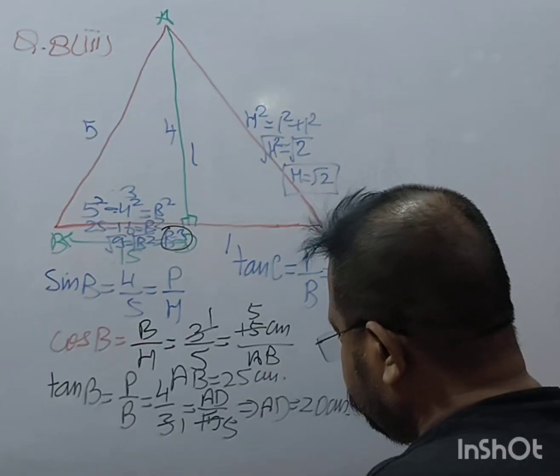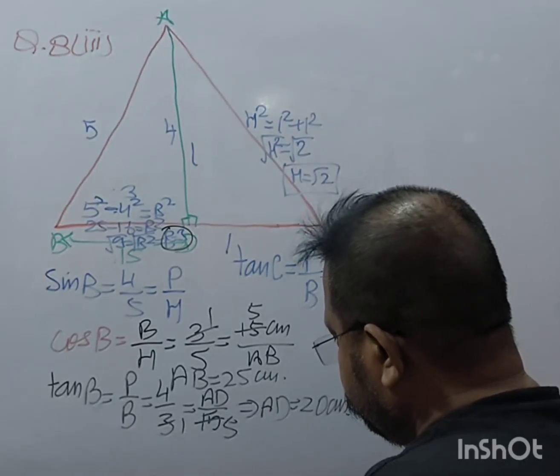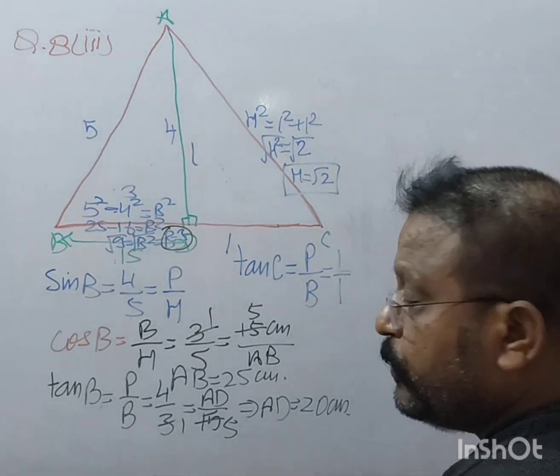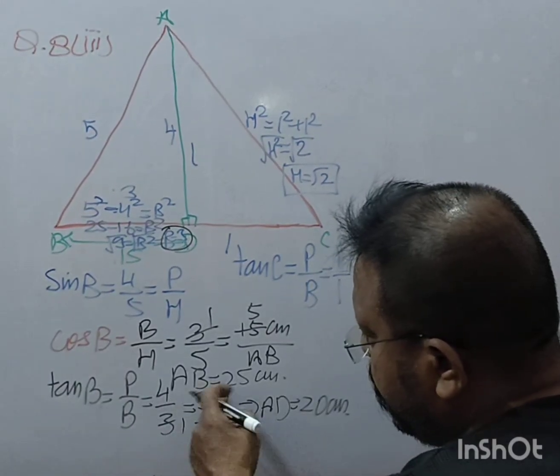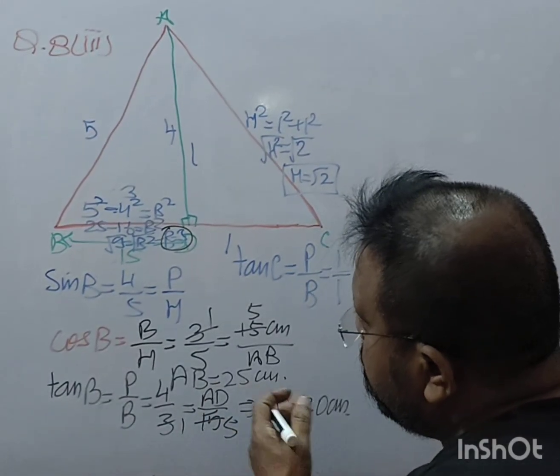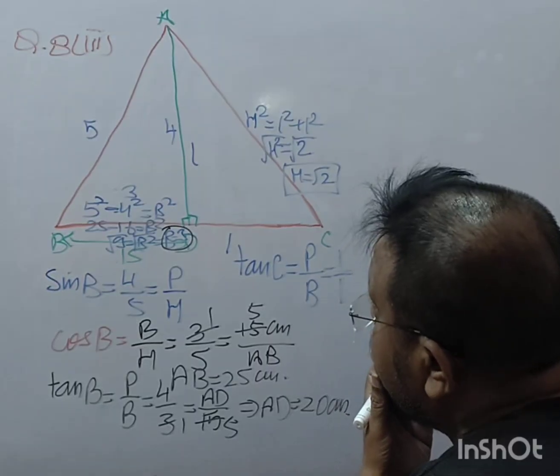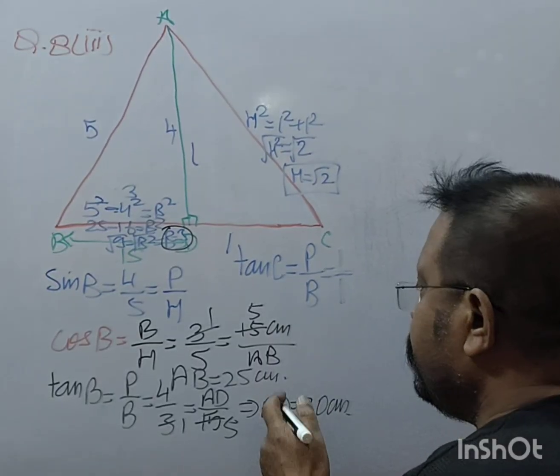What is your answer? AD is 20. In book? Yes, sir. AB is 25. What else is there asking? DC and AC.